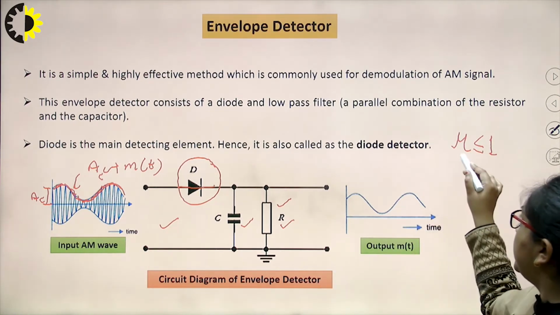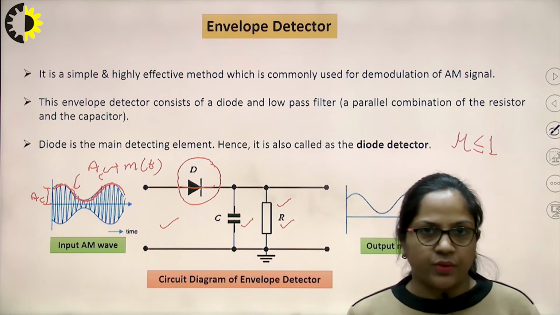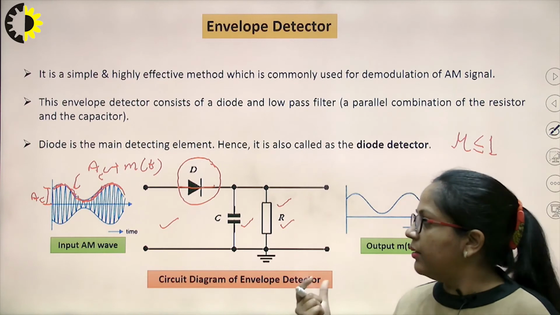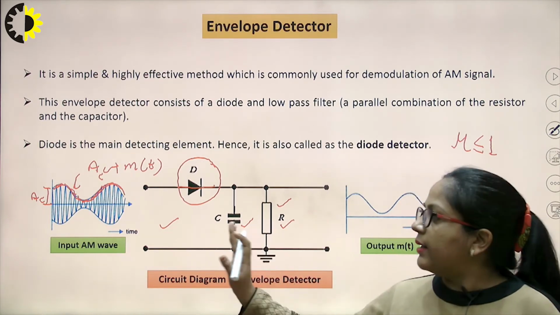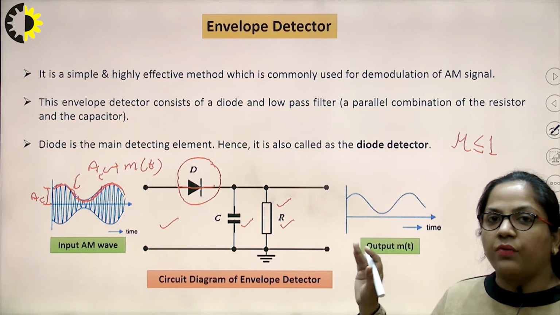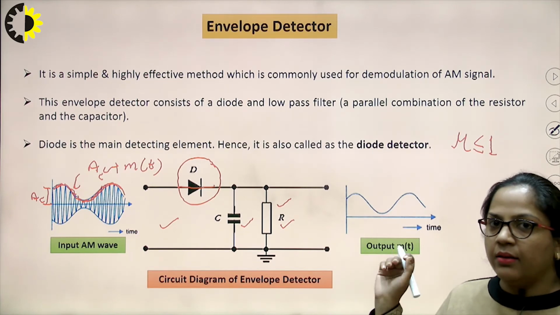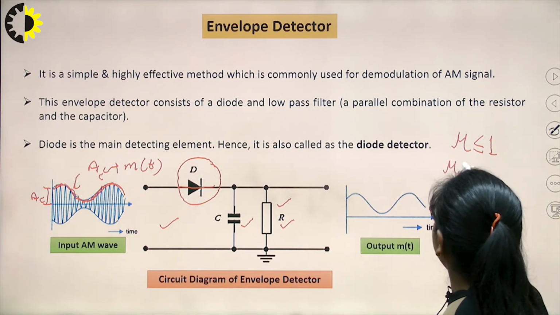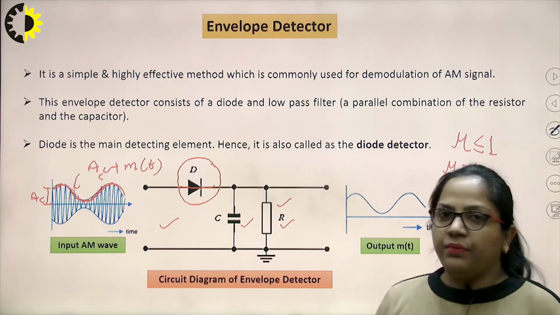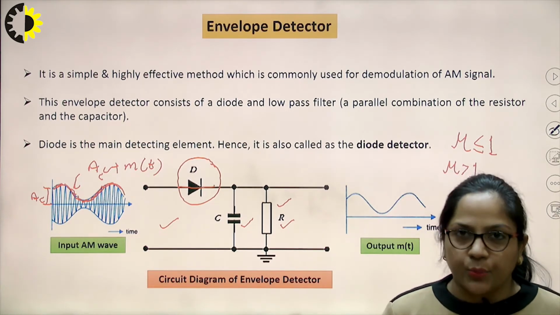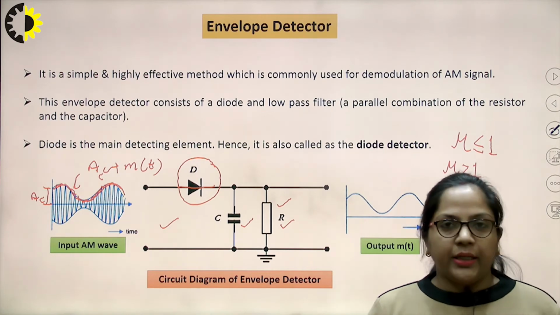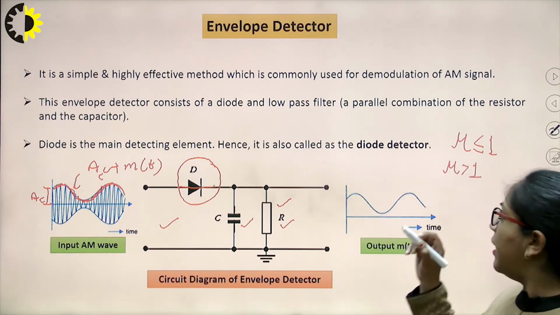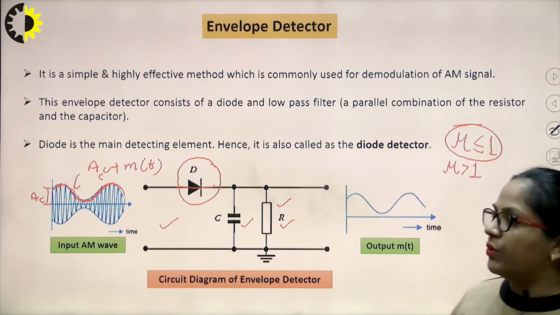When we have this condition where modulation index is less than or equal to 1, then the entire message will be contained within the amplitude modulated waveform, and this envelope detector will be capable of detecting the shape of the message signal efficiently. If we select the condition where modulation index is greater than 1, then we get distortion in the output waveform. So we generally apply this method of detection of AM wave where we have modulation index less than or equal to 1.